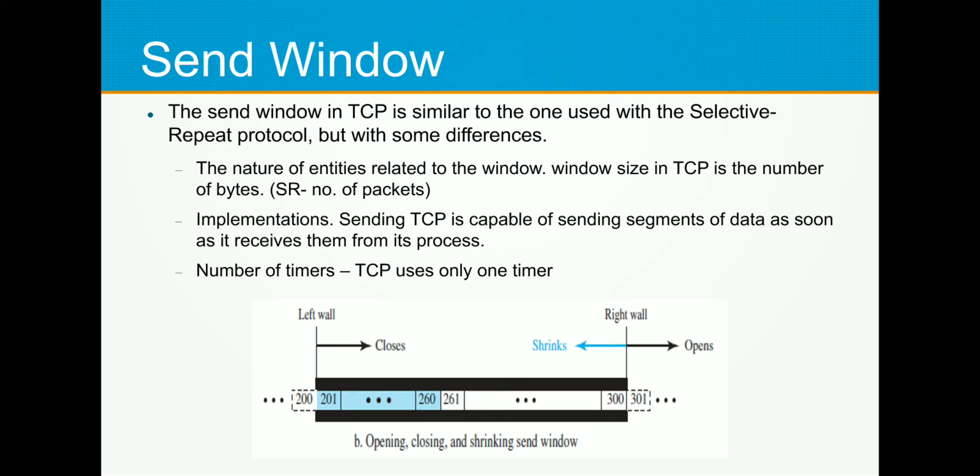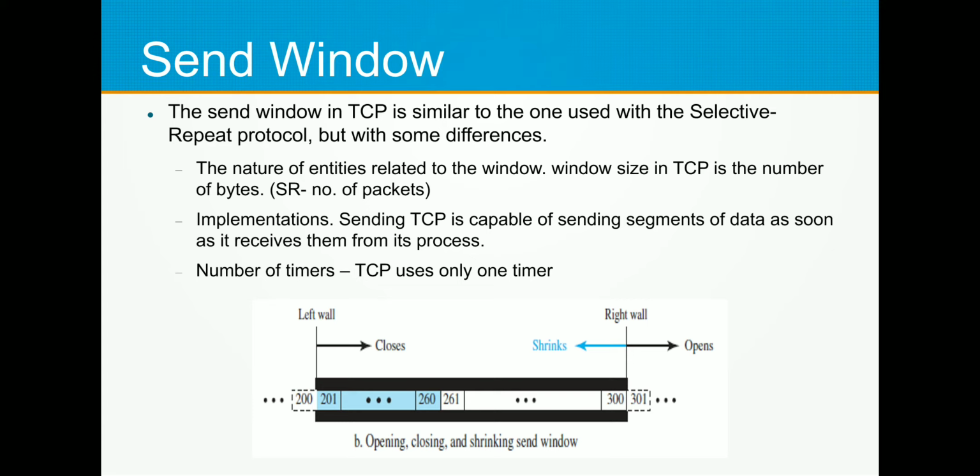In TCP we measure the size of the window in terms of the number of bytes. In the diagram below, the size of the TCP send window is 100 bytes because it spans from 201 to 300. However, in selective repeat protocol, the size of the send window is measured in number of packets.